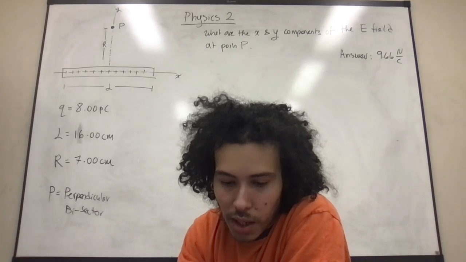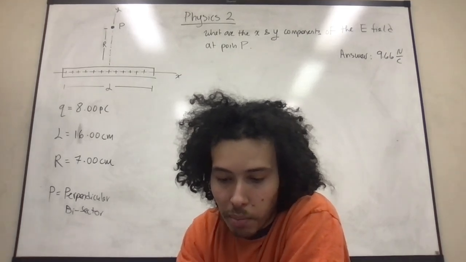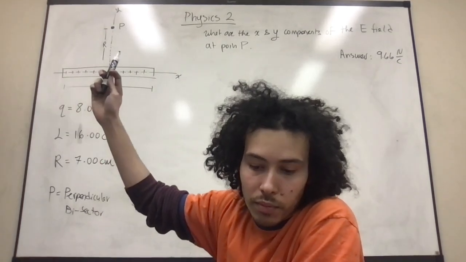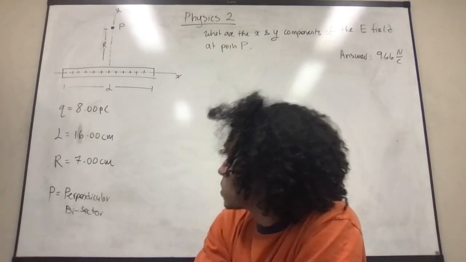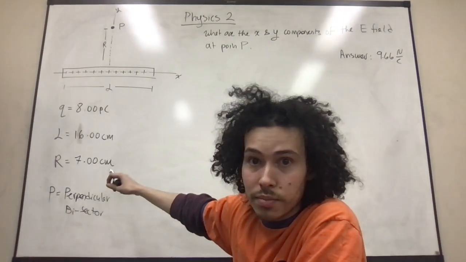What are the x and y components of the electric field produced at point P at a distance of 7 centimeters?